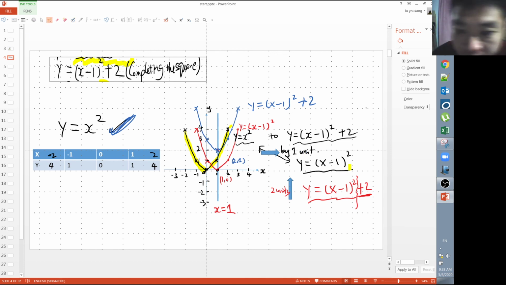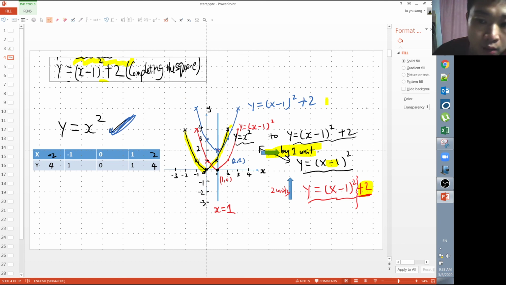The first transformation is given by this -1 inside the bracket, which you need to move to the right by 1 unit, and then you end up with the curve in red. Next, the second transformation is that this entire curve in red should be moved up by 2 because you have a +2 here. So you will end up with your blue curve.